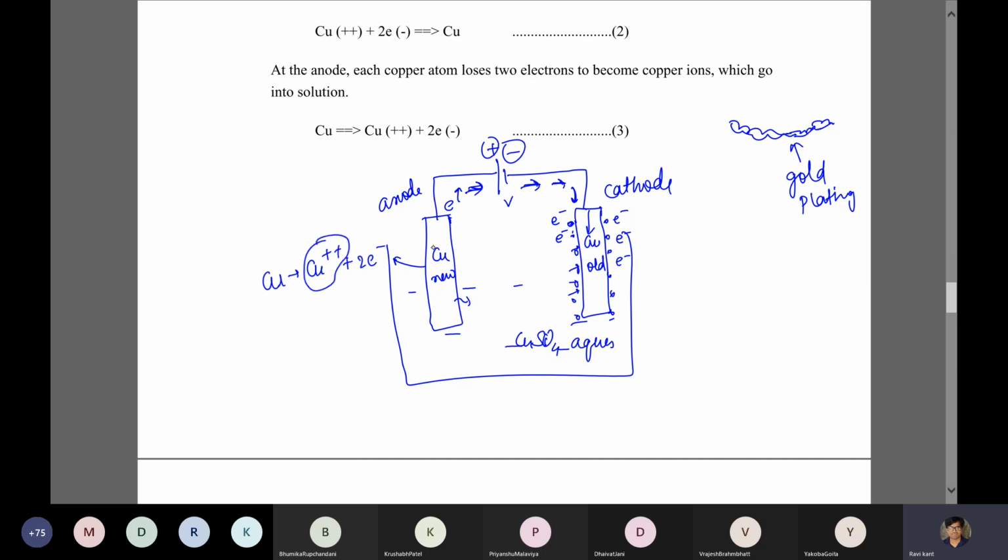So positive copper ions are generated here, and these positive copper ions migrate to this particular site slowly and steadily, and react with these electrons. Cu2+ plus 2 electrons over this side will give you copper metal, which is plated on top of it.